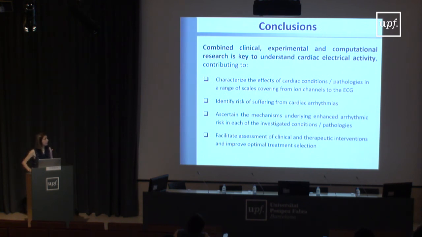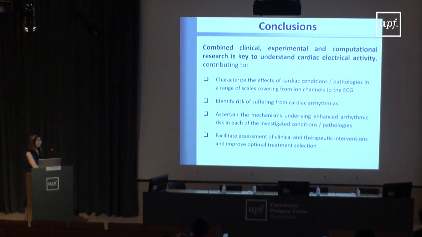I'd like to conclude by saying that combined clinical, experimental, and computational research, we believe, is key to understand cardiac electrical activity, in our case to characterize the effects of aging, but of course to characterize other cardiac conditions or pathology in different scales from subcellular level to the ECG.